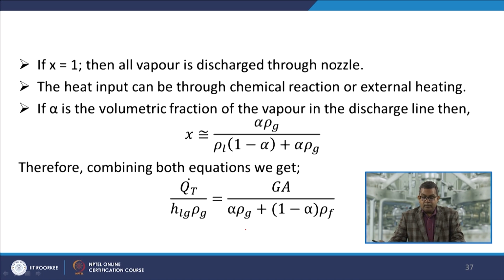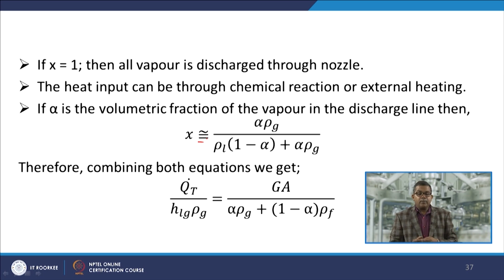The heat input can be through chemical reaction or external heating. This is again given, or sometimes you may have to take an assumption. Now, if alpha is the volumetric fraction of the vapor in the discharge line, then x is equal to alpha rho g upon rho L into 1 minus alpha plus alpha rho g.